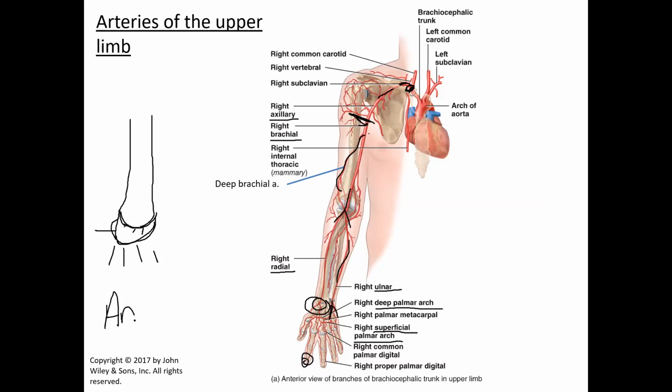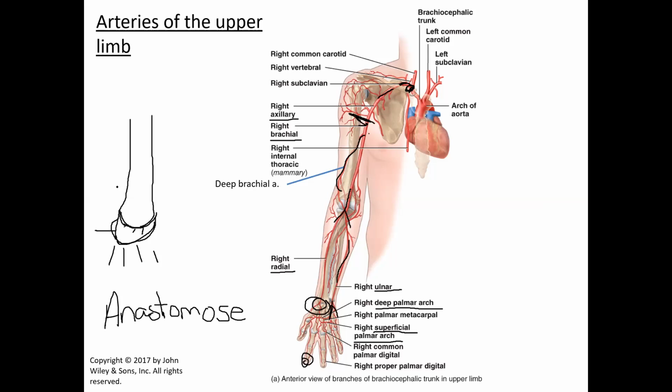We see these all over the body. This is when we have two or more arteries that join together to supply blood to an area. We often see it in areas where we really have to make sure we always have blood supply, because it gives us a bit of redundancy.